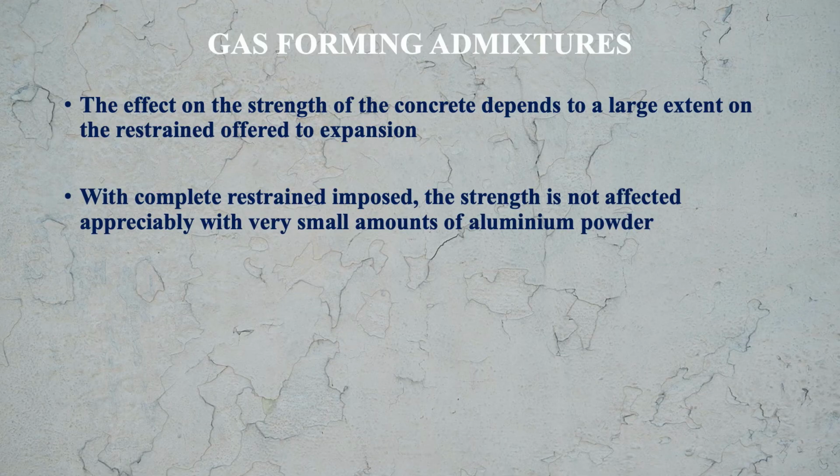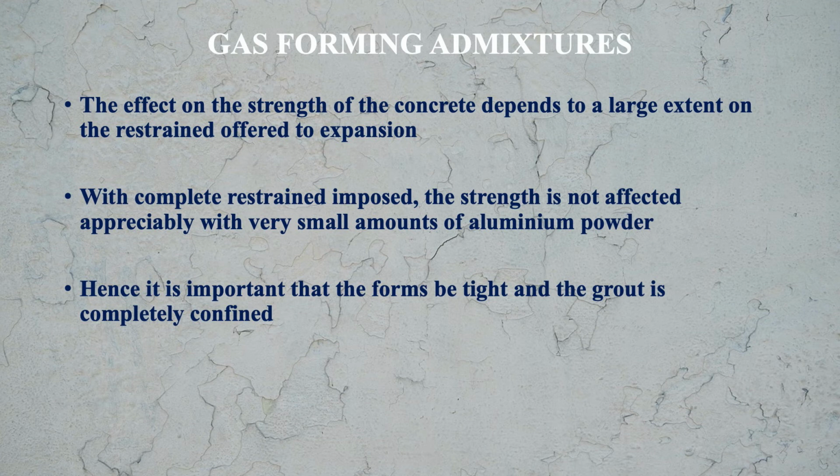With complete restraint imposed, the strength is not affected appreciably with very small amounts of aluminum powder. It is therefore important that the forms be tight and the grout is completely confined to get the full advantage of this gas formation. The form should be tight and the grout is completely confined.